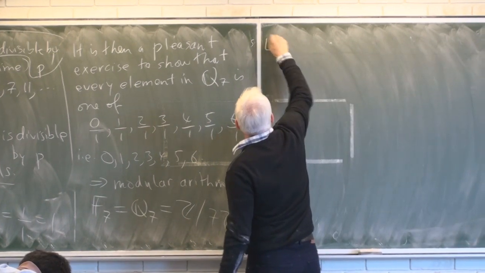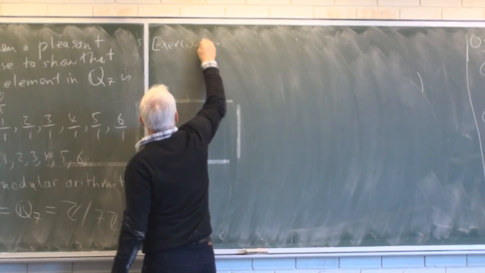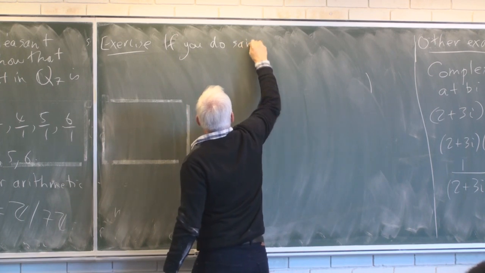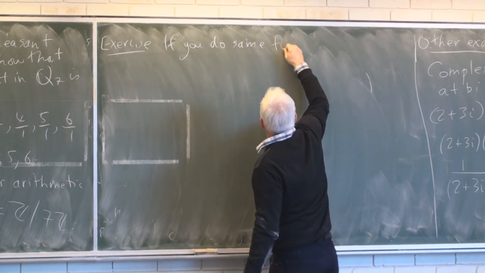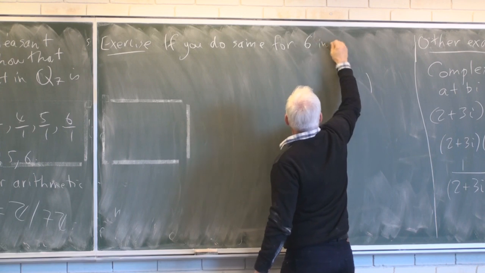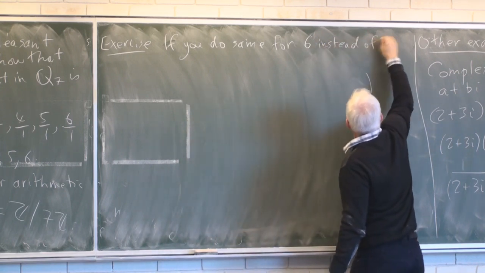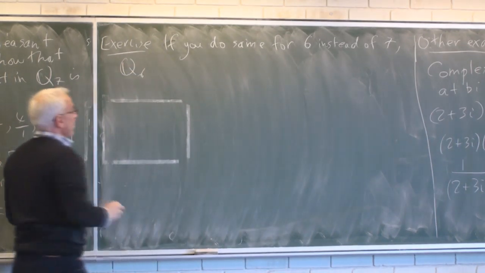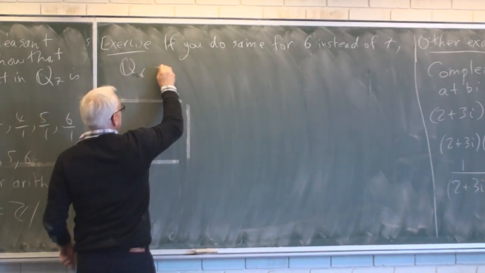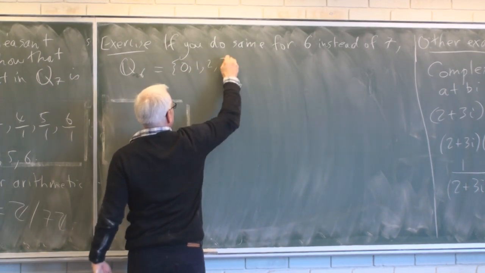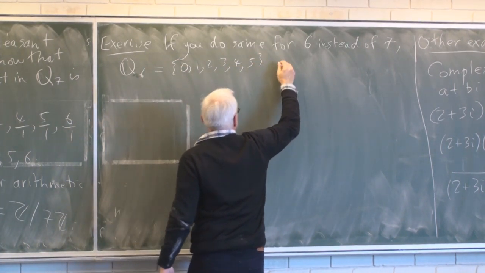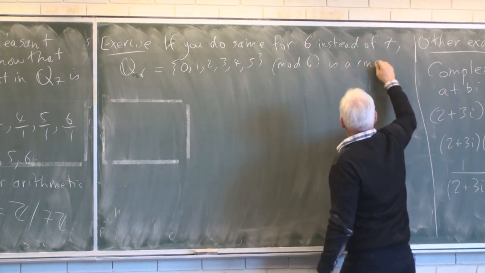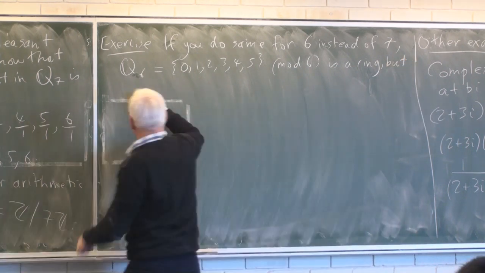So as another exercise you might like to think about doing the same for 6 instead of 7. Then Q6, which is essentially the same as 0, 1, 2, 3, 4, 5 with arithmetic mod 6, is a ring but not a field.